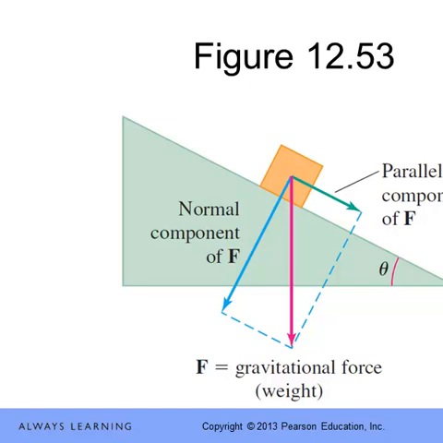Think about that for a minute. That would be your unit vector, and it would be a unit vector because the square root of cosine squared plus sine squared of the angle is 1.